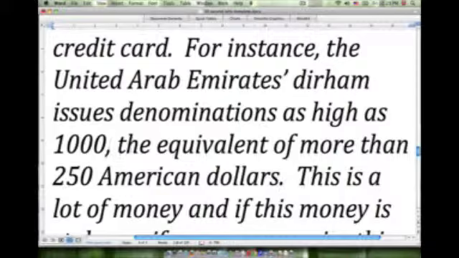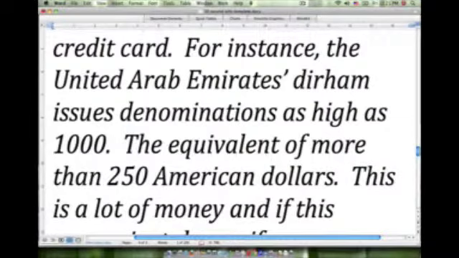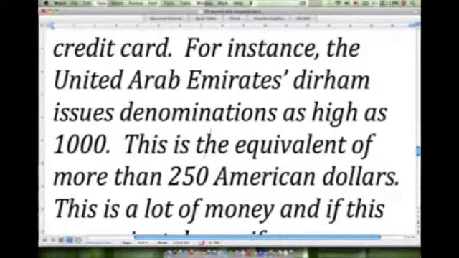Now we can place this as a comma followed by the remaining idea, or if you feel more comfortable, don't be scared of full stops. Full stops are our friends. We can use them to separate ideas and to make our points clear. Now I know some students are probably wondering, why are we using digits in "this is the equivalent of more than 250 American dollars"?